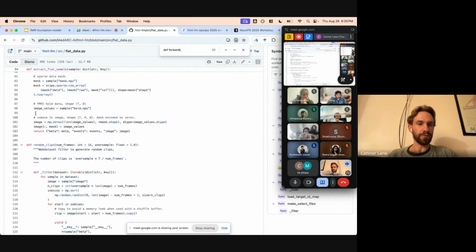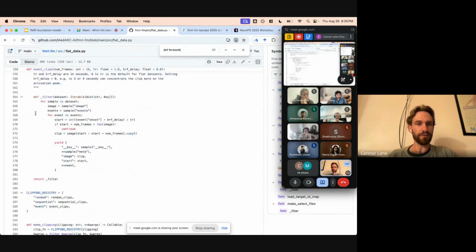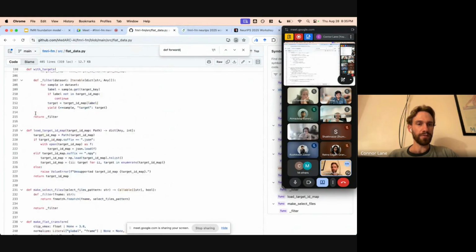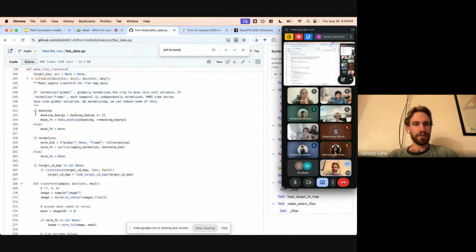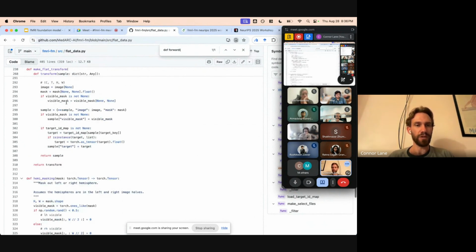There are transforms and utilities for extracting random clips and all sorts of stuff that we need, and some utilities for masking. This is where the main difference between our current work and MAE is, which is just changing the data. So the only place where there's interesting stuff happening in the code base is mostly data related, and this flat data module is where most of the changes are.